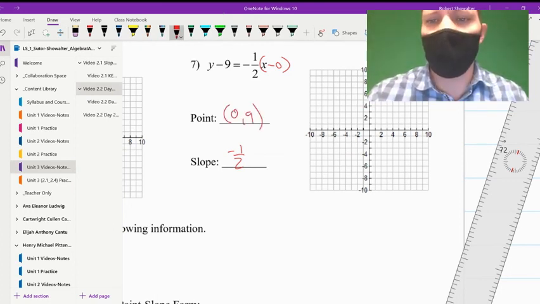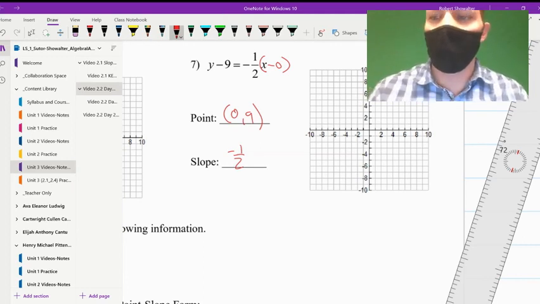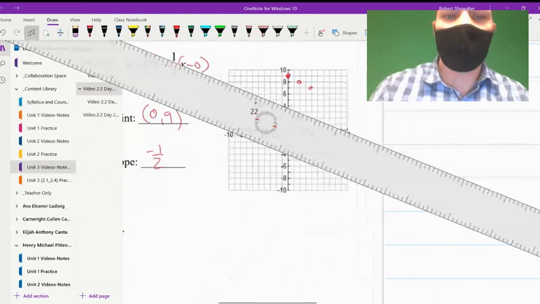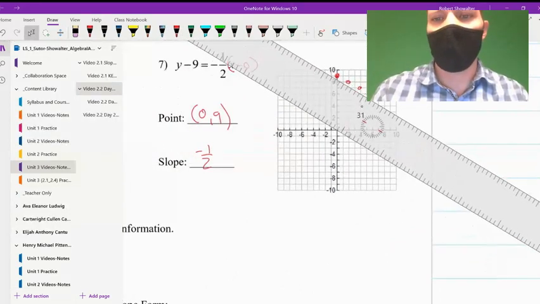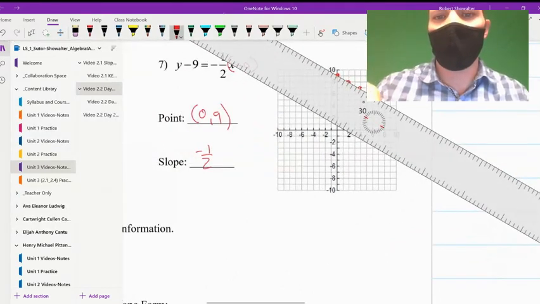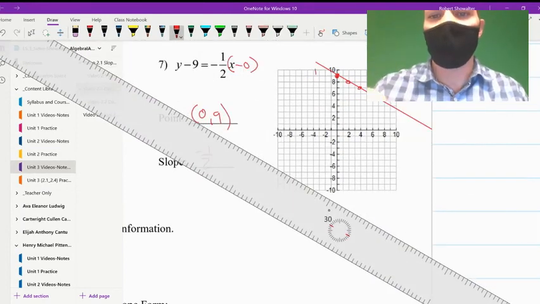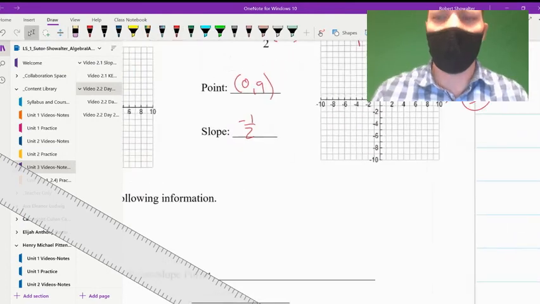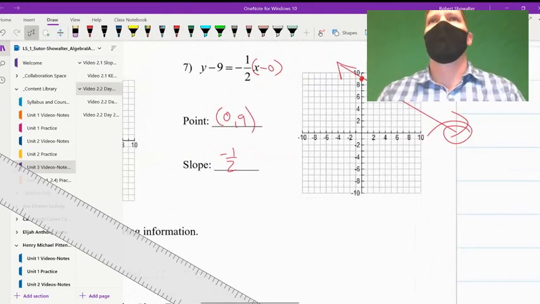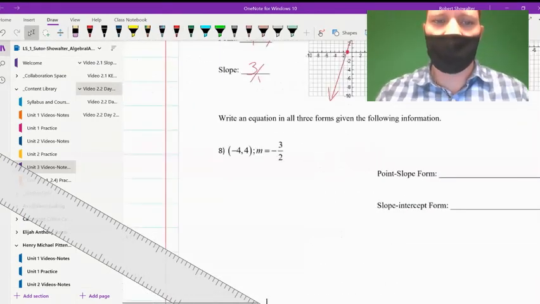So 0, 9. We go down 1, right 2, down 1, right 2. Graph that. What's interesting is that starting point just so happened to be our y-intercept. By the way, there's something called the x-intercept, the spot where the graph crosses the x-axis. BTW.